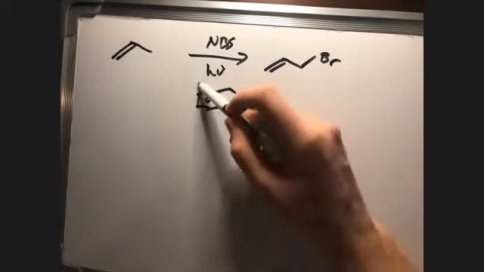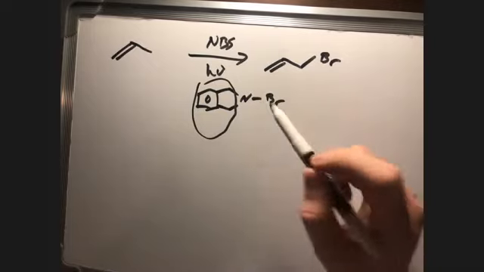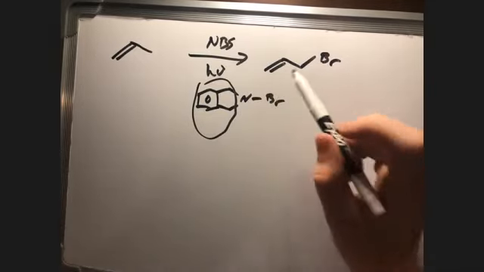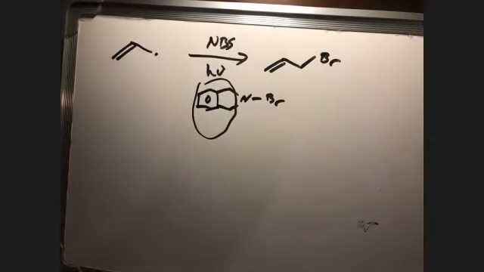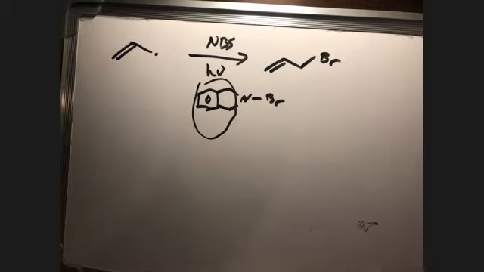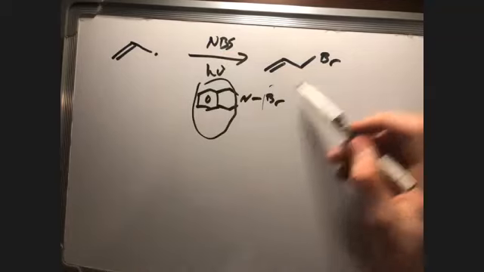I'm not sure of the identity of all of these parts, but it's not critical for the mechanism. You just know that you create a bromine radical that reacts with a radical formed at the allylic position. Because remember, allylic radicals are stable. So out of our options here, vinyl radicals are not stable. So this is where the radical will form in most quantities. That'll react with this and make the product.